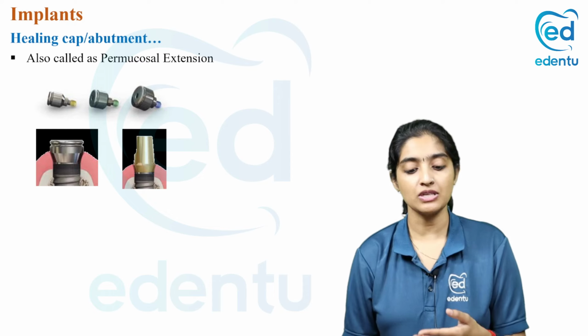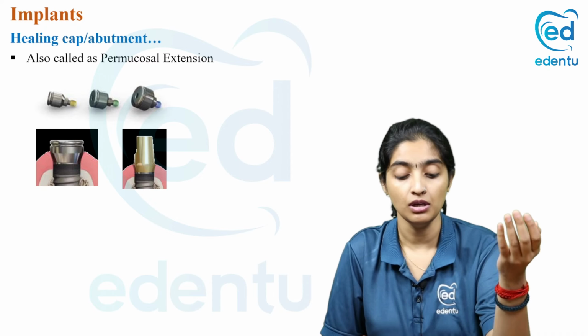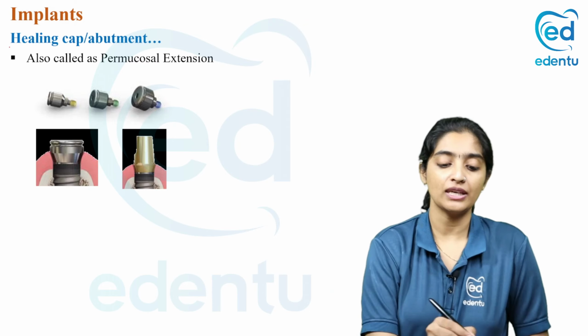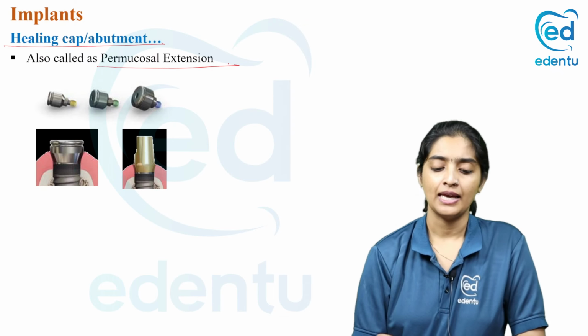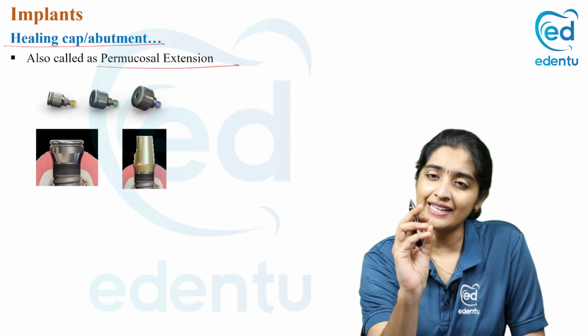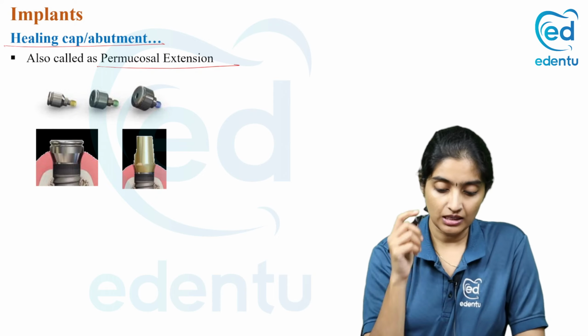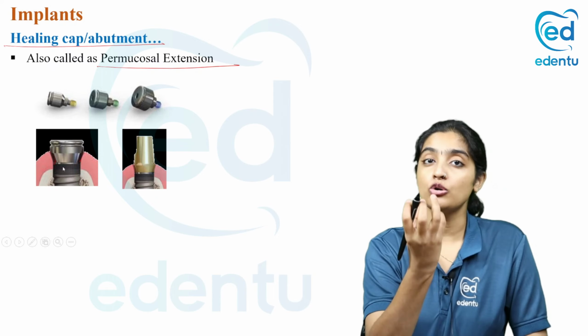So what happens is, either in that step, or in a single step where you're directly going to load the crown, you put something called a healing cap, healing abutment, or a permucosal extension. It is exactly like a cover screw, slightly longer than that, with a shaped border. So this is how it will sit. It will stand out of your cover screw.